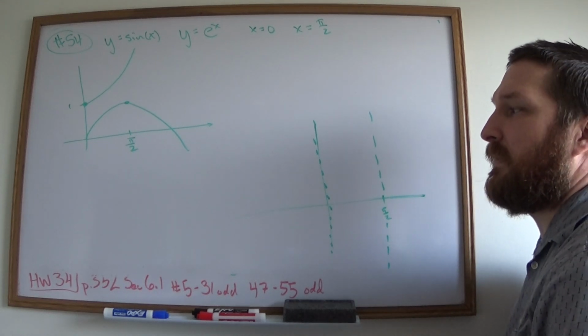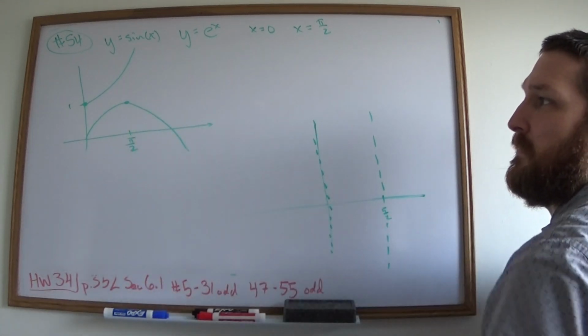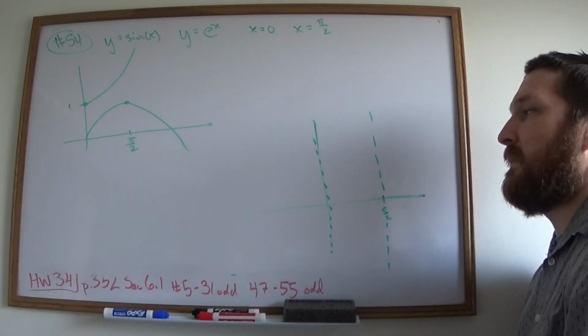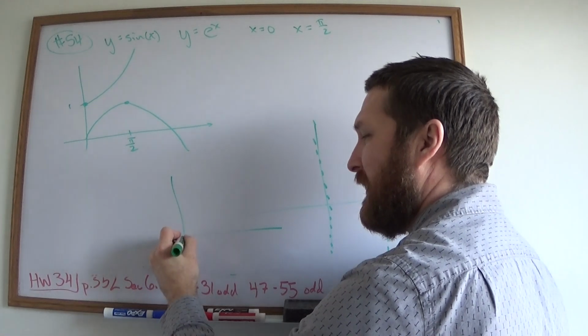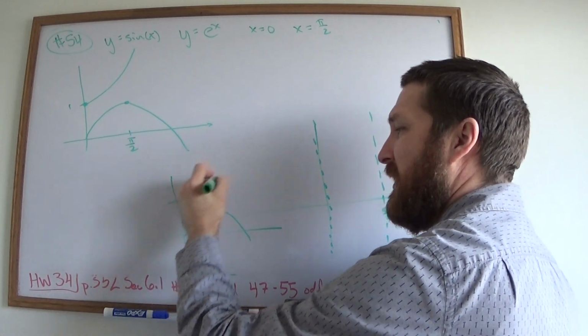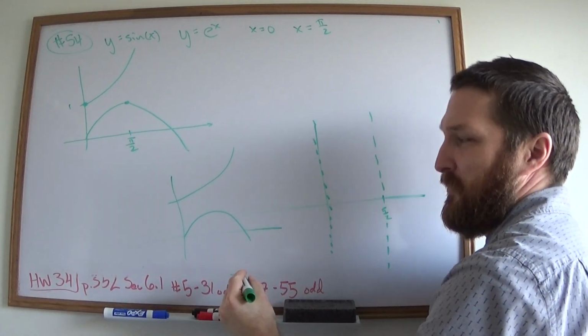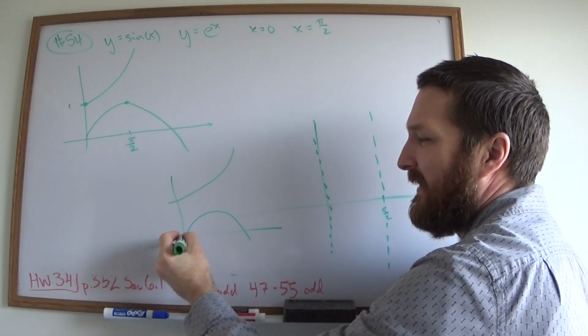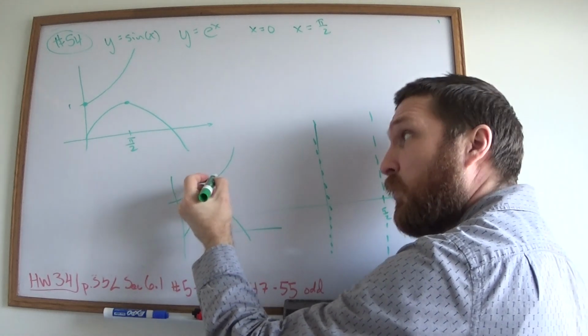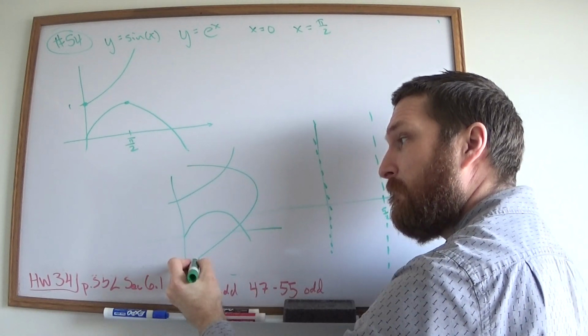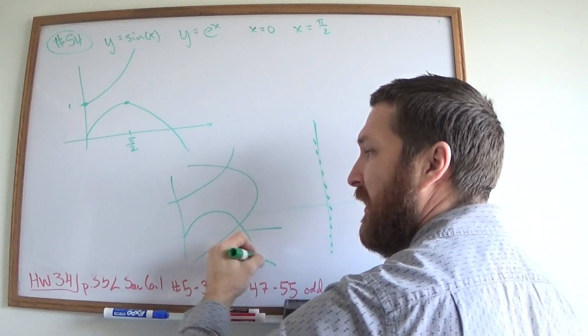In multivariable calculus, they'll give you 4 functions. Like I could have given you those 2 functions and then given you like 2 lines. Like a line, like a parabola, a parabola this way, and then like a line this way.